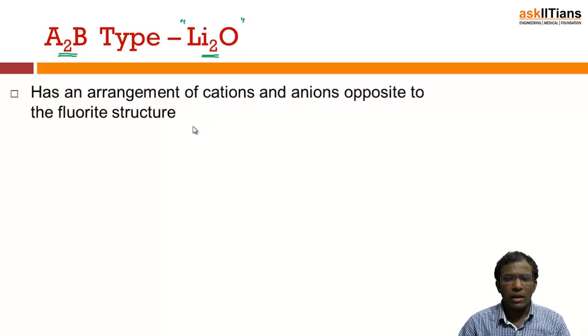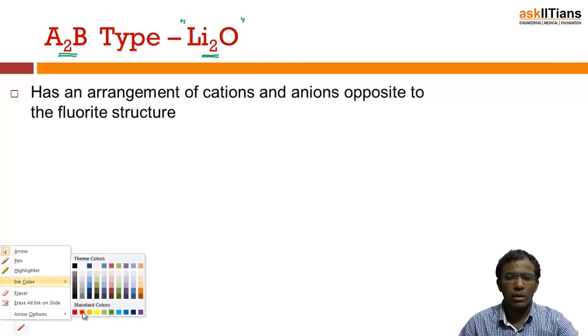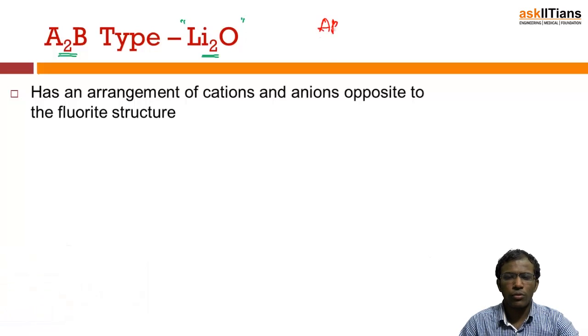This Li2O, lithium oxide, has an arrangement of cations and anions opposite to the fluoride structure. The structure of calcium fluoride, or AB2 type, is known as the fluoride type structure. This has an arrangement of cations and anions exactly opposite of the fluoride structure.